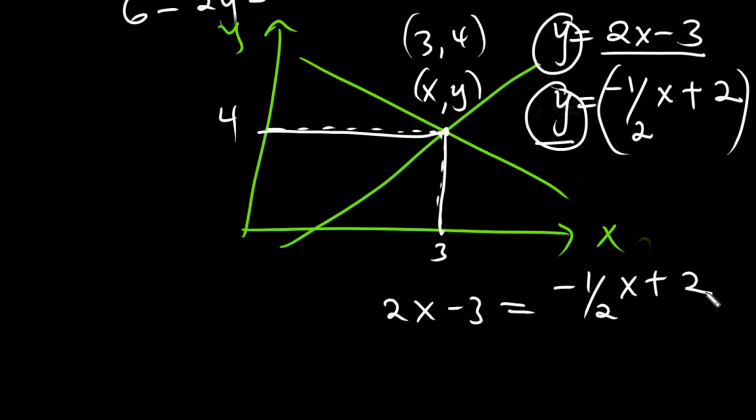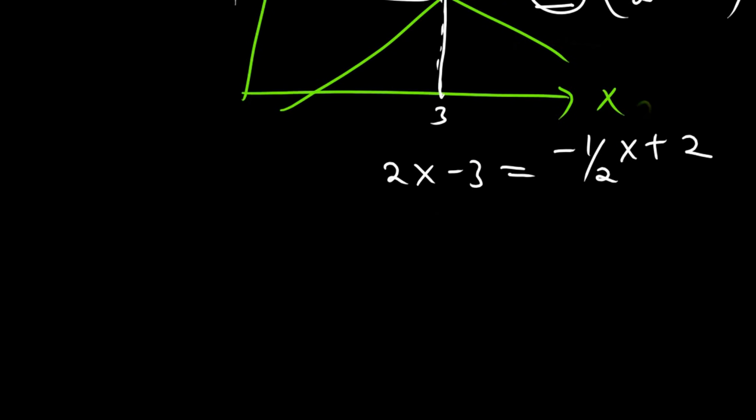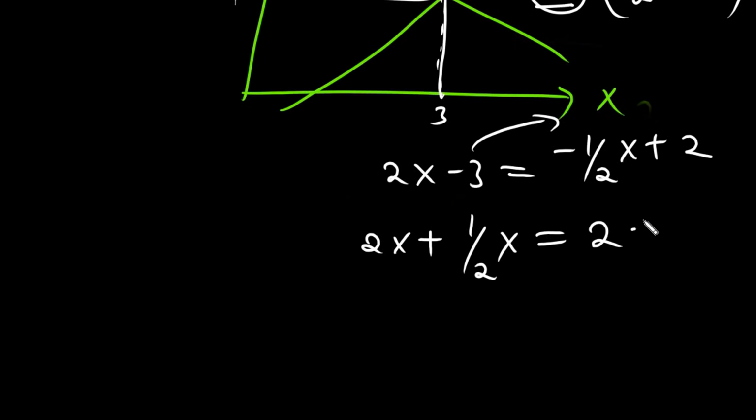So we have an equation from which we can get the value of x. Let's work it out. We can move negative a half x to this other side so that it becomes 2x plus a half x is equal to, and then move this 3 to the other side so that it becomes 2 plus 3.